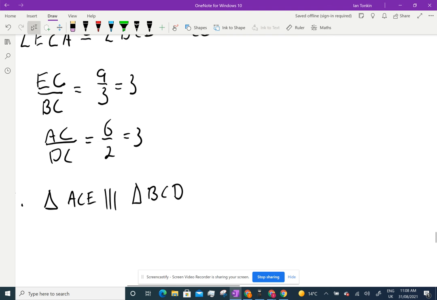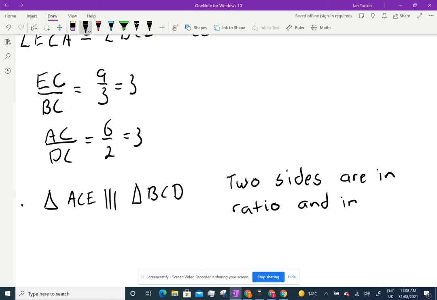Why? Well, this is a long one. Because two sides are in ratio, the same ratio, you don't have to say the same ratio, and the included angle is equal. So that was quite difficult.